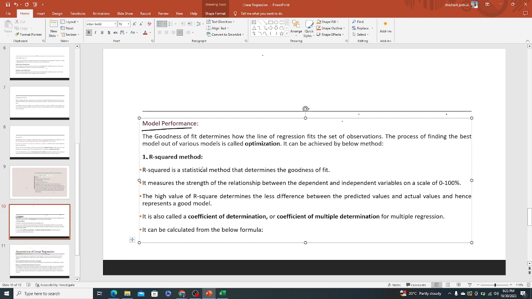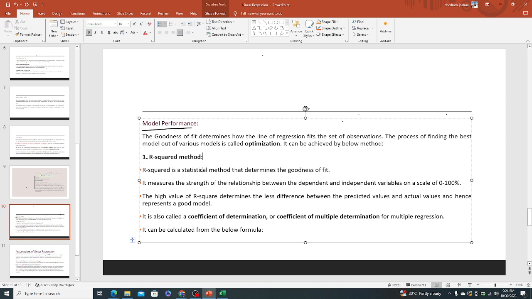That is multiple R. When we talk about the strength, it is not actually correlation, but it shows what percent of the data is being fitted in our regression line.